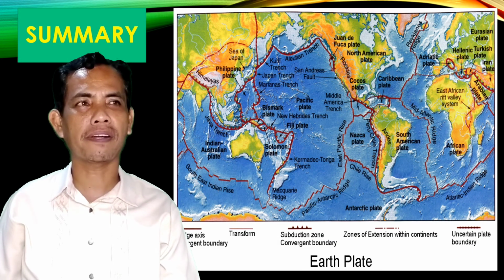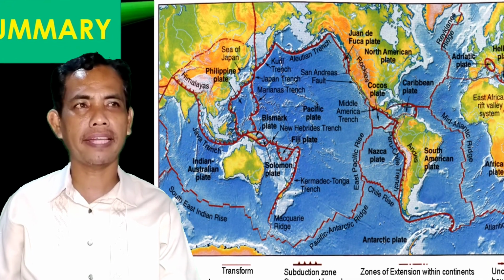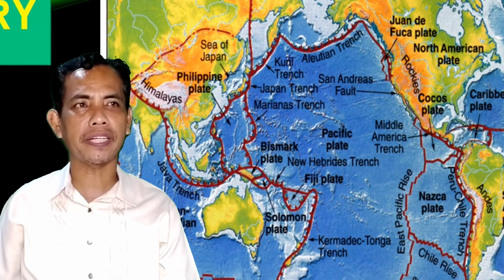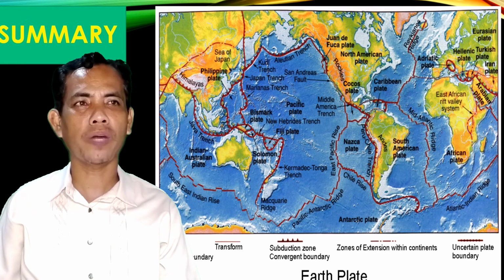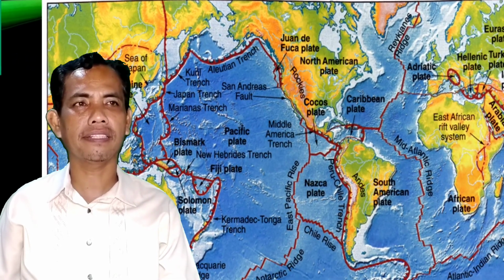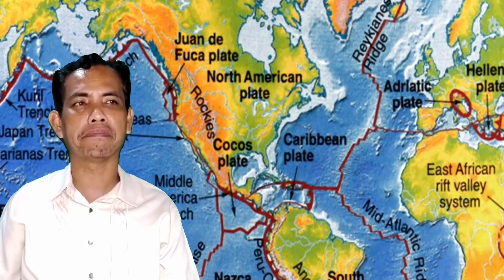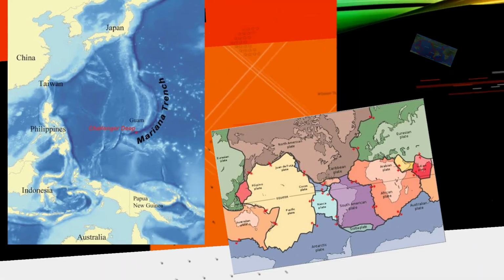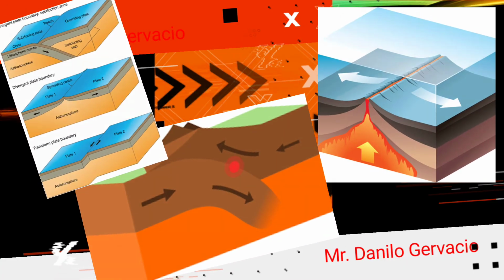This map summarizes all the known plate boundaries on Earth, showing whether they are divergent, convergent, or transform boundaries. So I guess you know already the topic. So let us now have the post test.